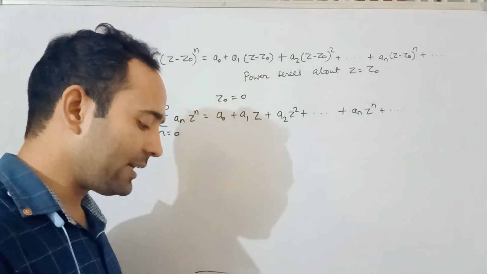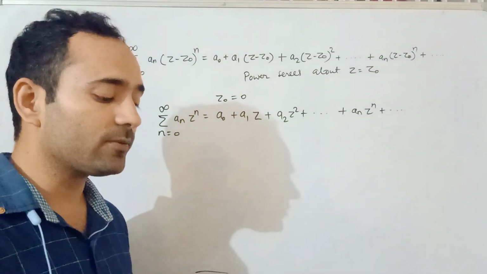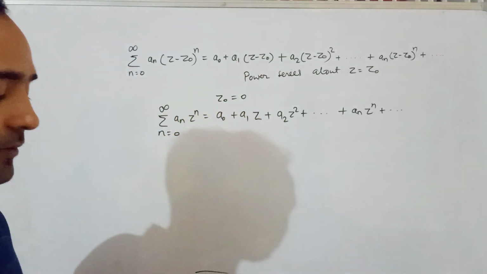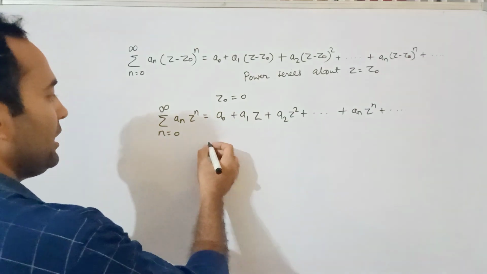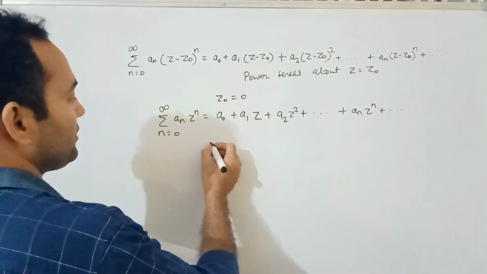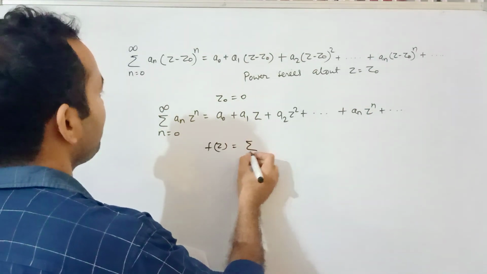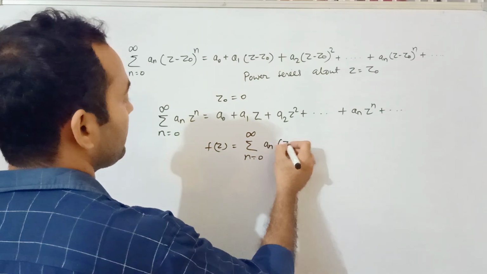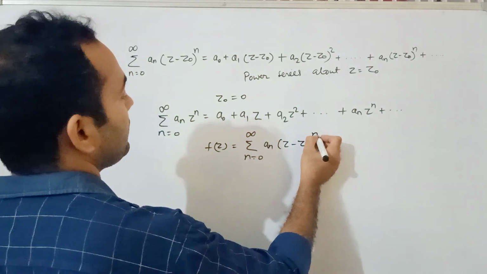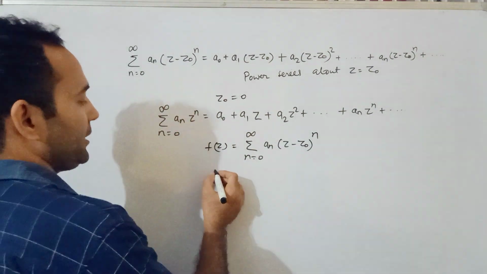Now if I ask you to find the radius of convergence or domain of convergence or circle of convergence for this series, we have a theorem. For a given function f(z), if you can write this f(z) in this format, an z minus z naught to the power n, find a limit.